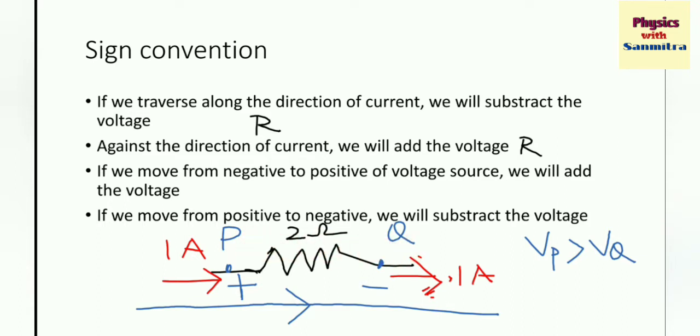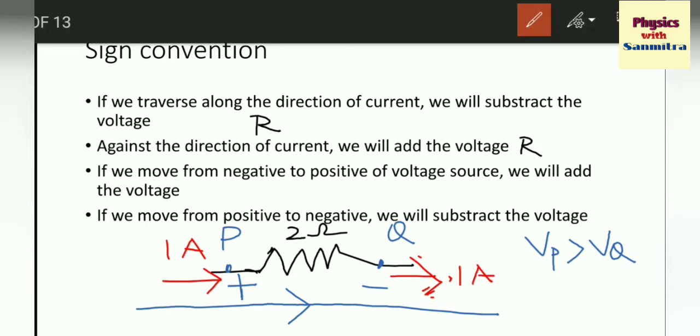So when we write Vp minus this drop, what is this drop? This drop is I into R in Ohm's law. So 1 into 2. Vp minus 1 into 2 is equal to Vq. This is what we mean by sign convention. So if we go along the current, it will be negative. We will subtract it.